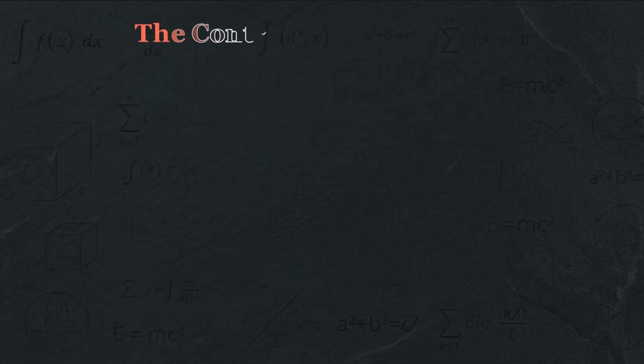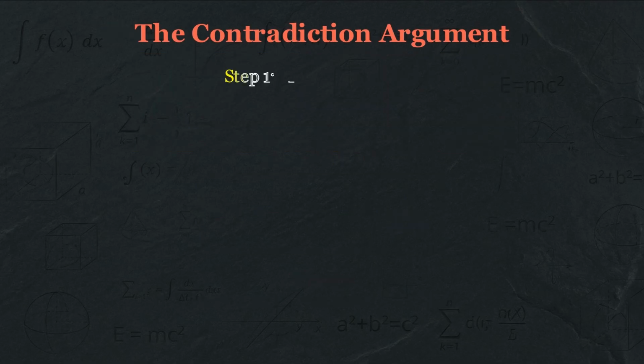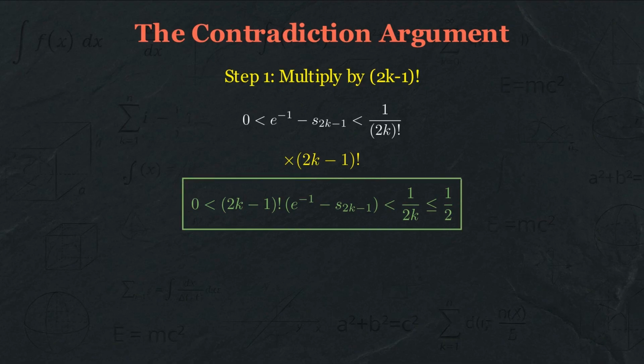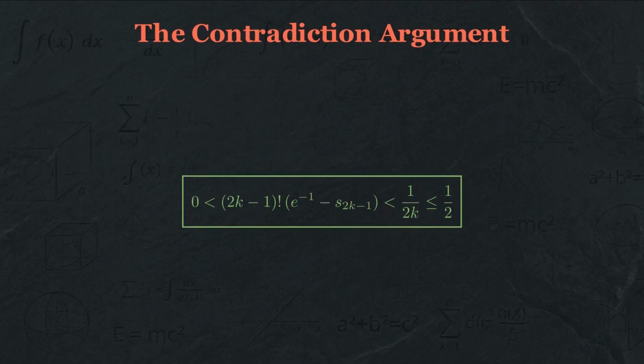The contradiction argument. Now, multiply this entire inequality by 2k minus 1 factorial. We get 0 is less than the quantity 2k minus 1 factorial times the quantity e to the negative 1 minus s sub 2k minus 1, which is less than 1 over 2k, which is at most 1/2.